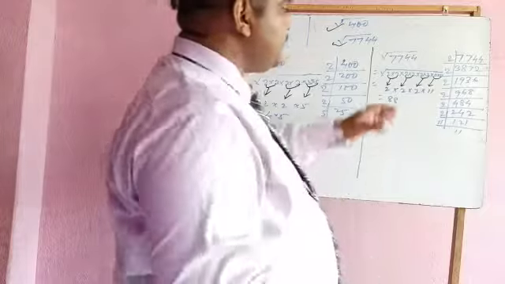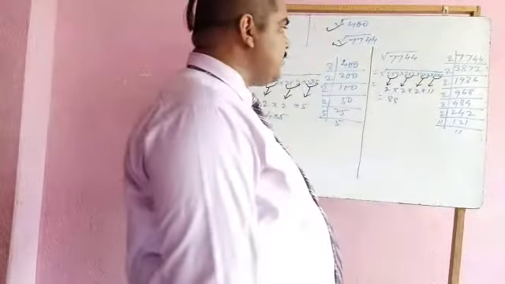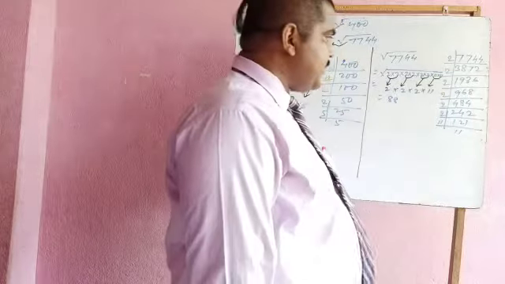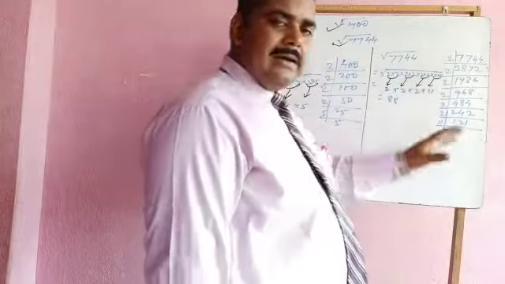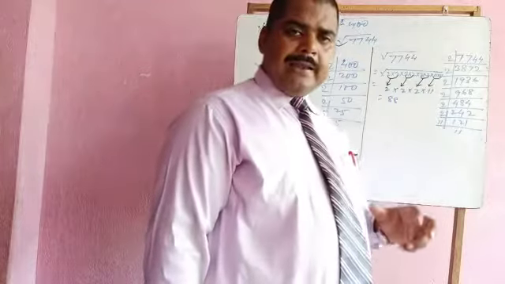Similarly, in the case of 7744, when you need to find the square root, on factorization you get 3 pairs of 2 and 1 pair of 11.